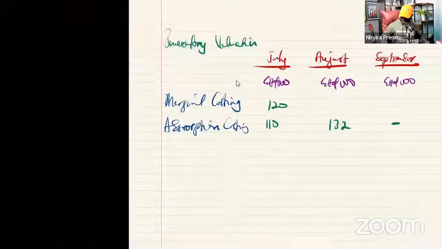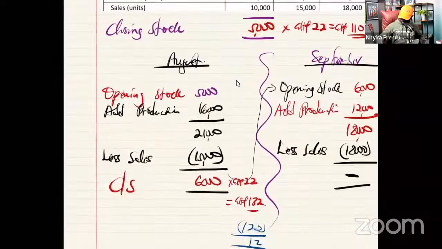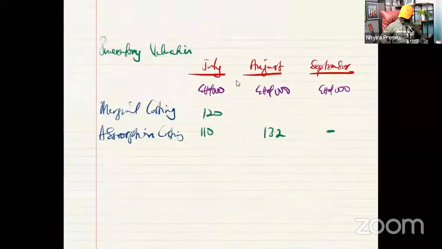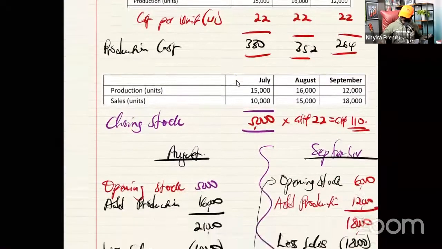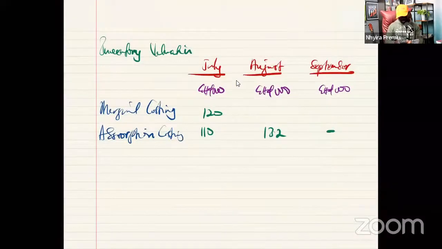So that's going to be 120 here, and then 5 by 20. That's going to be 100 here. So under marginal costing, there was no closing stock in this case.